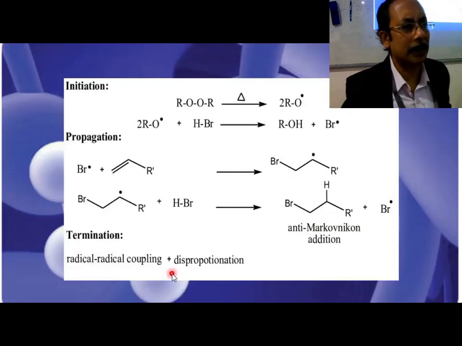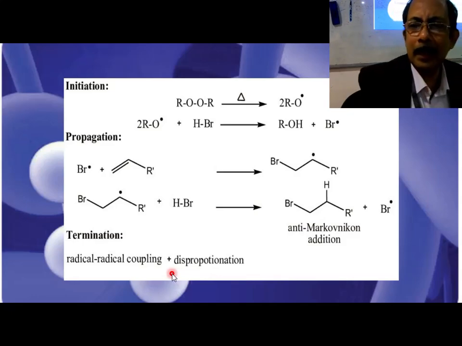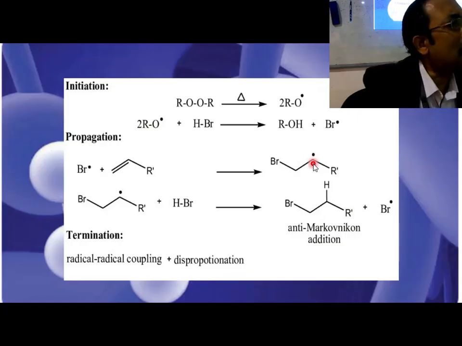What is disproportionation? Radical coupling I already told you. Along with that, another thing may happen. One molecule becomes the alkene, the other molecule becomes the alkane. That means one proton is transferred from one molecule to another molecule, so a double bond is formed. Take two molecules of this radical. One molecule donates one hydrogen to the other molecule.